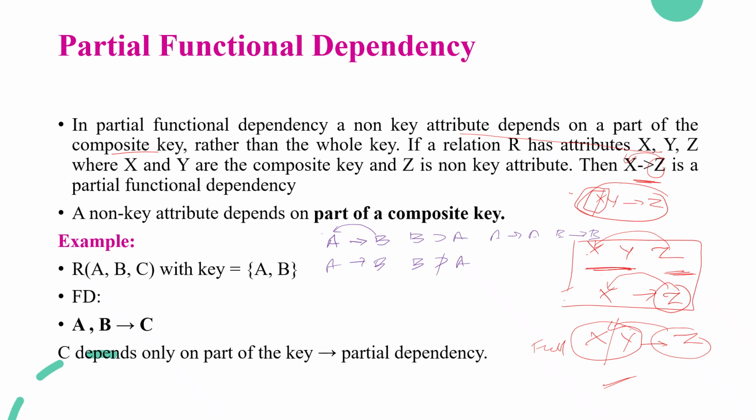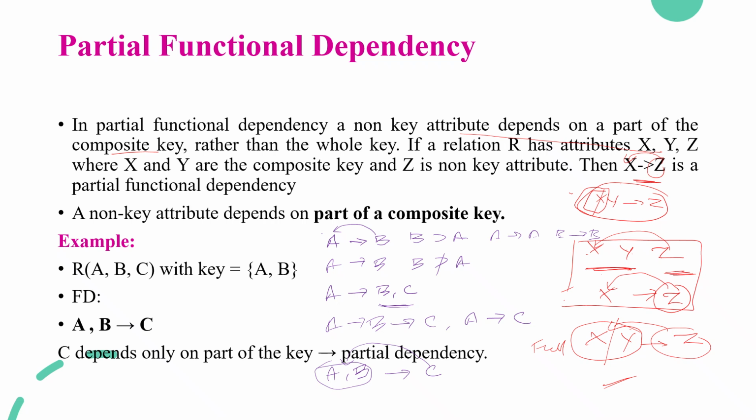Multivalued means if A determines B comma C, this B and C should be independent of each other. Okay, it should be independent. That is multivalued functional dependency. Transitive dependency: if A determines B and B determines C, then I can say A determines C. And fully functional dependency: if A comma B determines C, and C is a non-key attribute and AB is a composite attribute, then C should be completely dependent on AB.